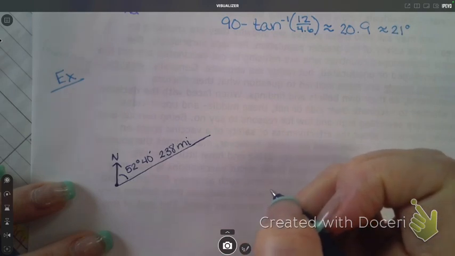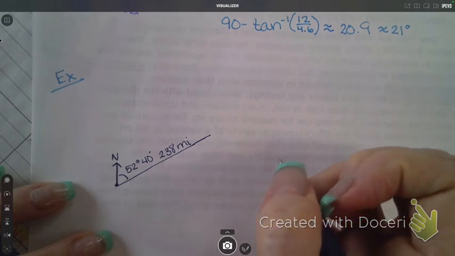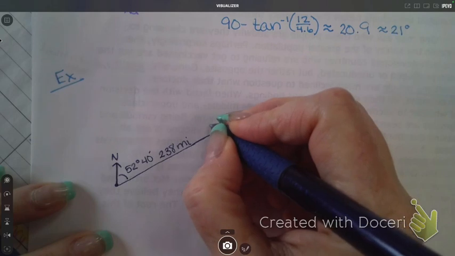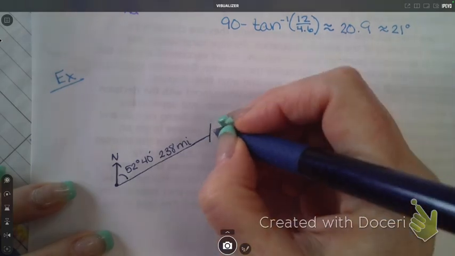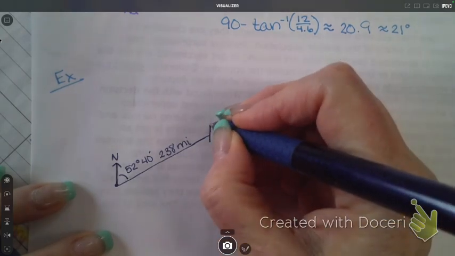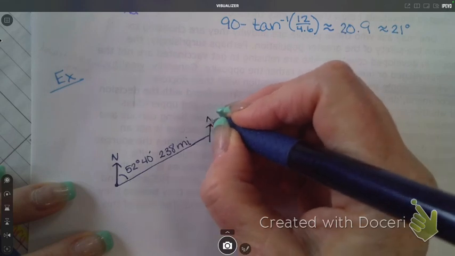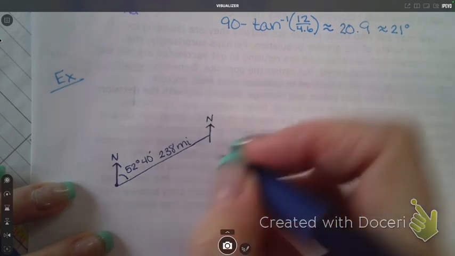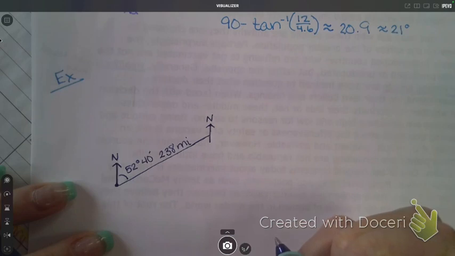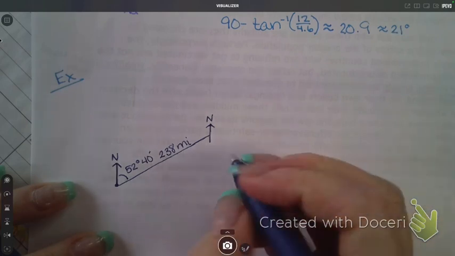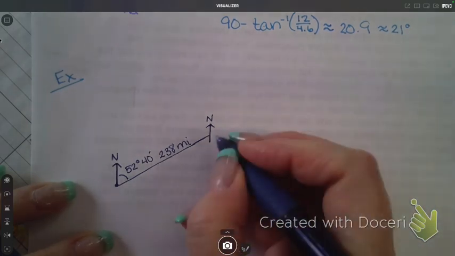How many miles north and how many miles east has the boat traveled? So I'm going to put another north-south line here because I've stopped. If I were going to change direction, it would be from that point, correct? So how many miles north and east?